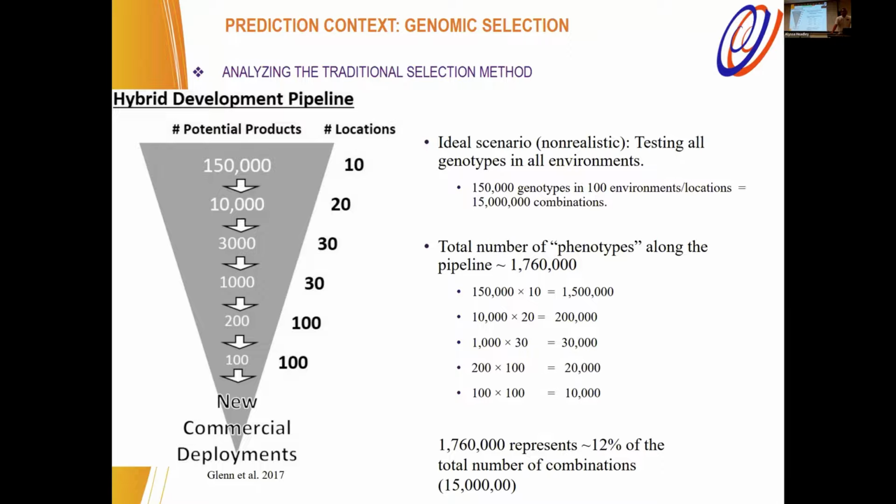We know that we don't have enough seed, but that would be the ideal. Now, if we analyze the whole pipeline, around 12% of all of these 50 million combinations are observed in the fields, assuming that the 100 environments there encapsulate the initial 10, 20, etc. So they are already spending resources for observing 12% of all of the combinations. So probably they can work with some sort of sparse testing design, in a way that they should be able to evaluate most of the genotypes somewhere in the field.